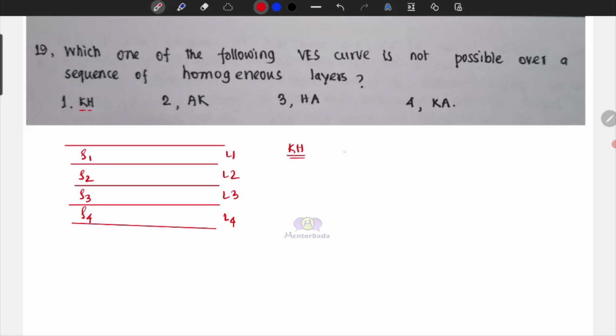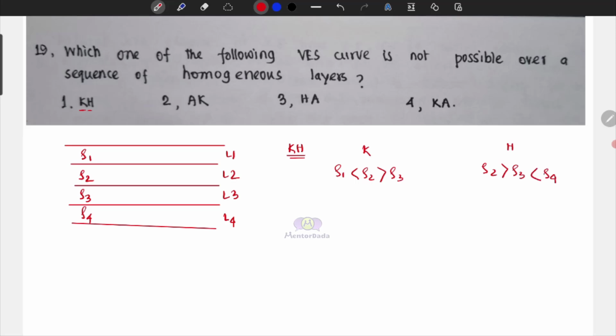So KH curve, the first part is K and the second part is H. Okay, so the K part considers only the first 3 layers L1, L2, L3, and the H part considers L2, L3 and L4. So for K, rho 1 is less than rho 2 and rho 2 is greater than rho 3, and for H, rho 2 is greater than rho 3 and less than rho 4.